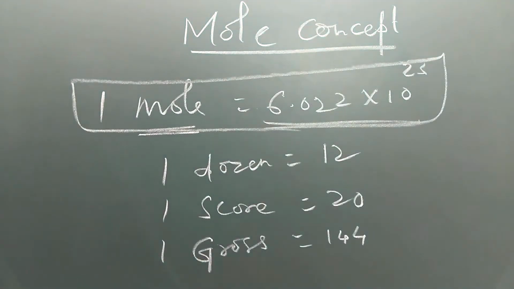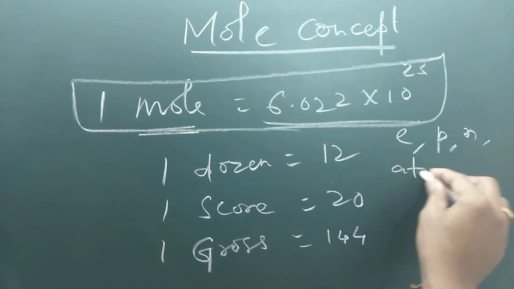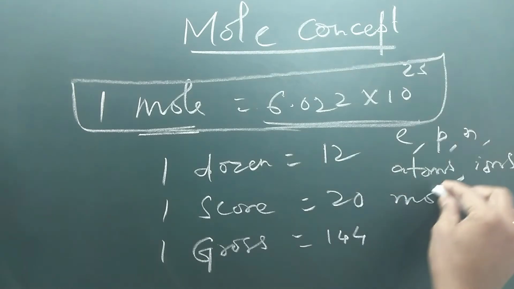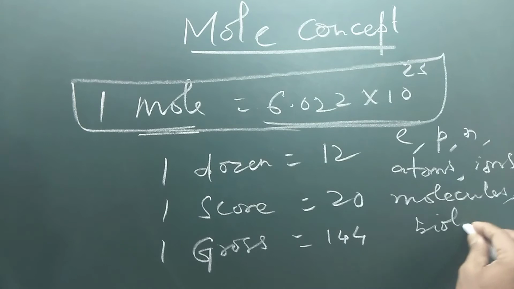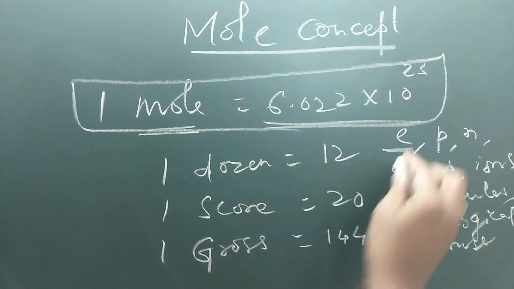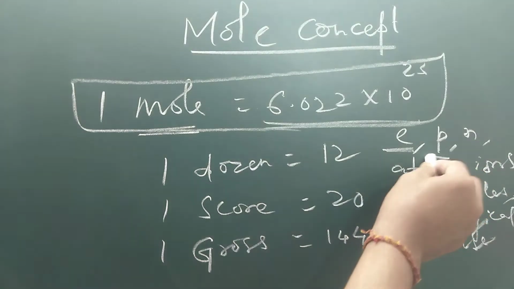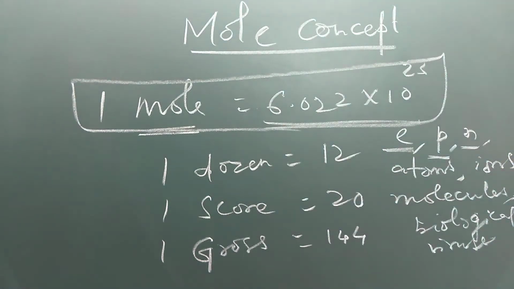These particles can be electrons, protons, neutrons, atoms, ions, molecules, and even biological viruses. Like if I say 1 mole electron, that means Avogadro number of electrons. 1 mole proton means Avogadro number of protons. 1 mole neutron is Avogadro number of neutrons.